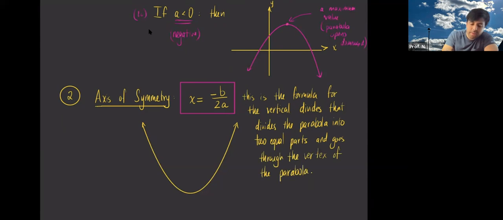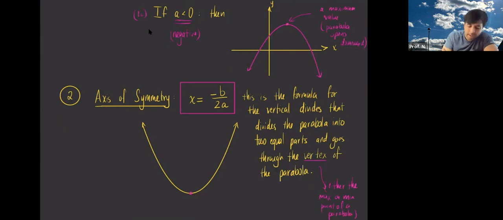Now, what is the vertex of a parabola? The vertex of the parabola is either the maximum point or the minimum point. So it's either the max or min point of a parabola. So in this case, my vertex is that minimum.